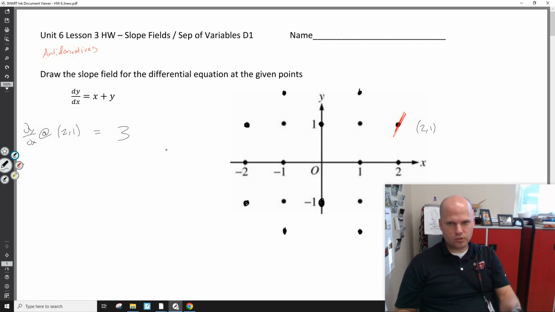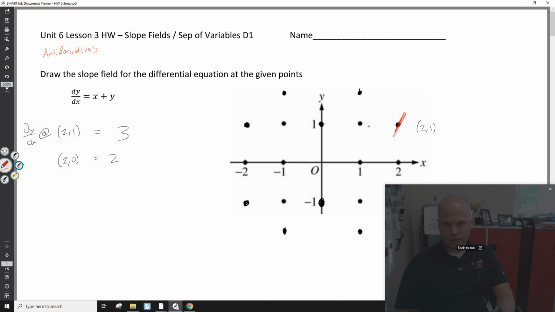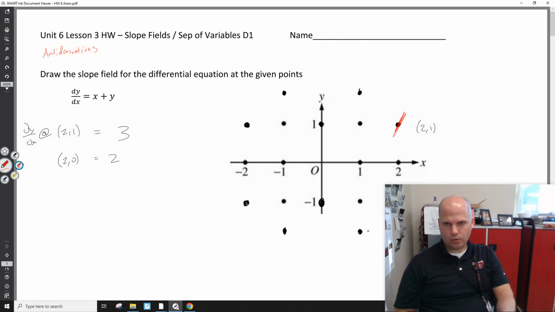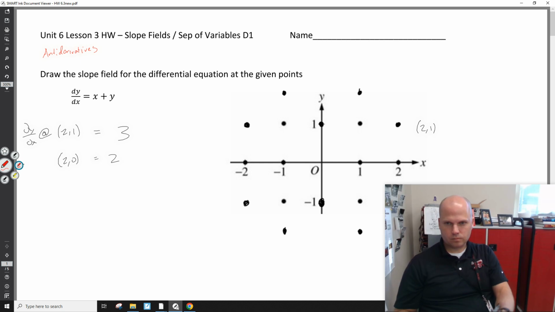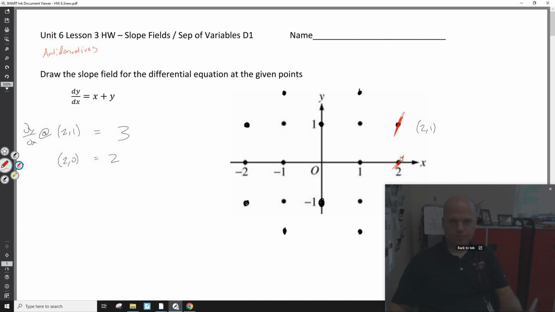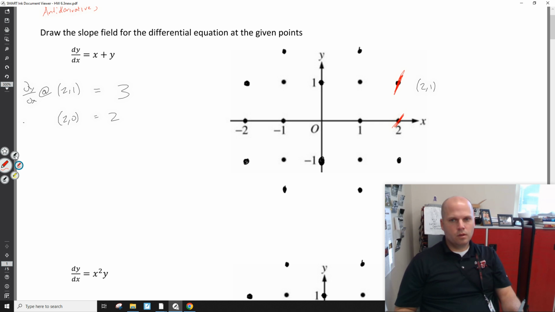I can do 2, 0 and get 2. Slope of 2. Wait, this is 1, 2, 3. I should be aiming down towards this bottom point here. This, I should be aiming down at this bottom point here as well. If I have the point 2, -1, the slope is 1.